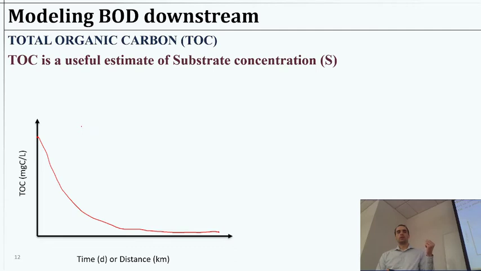If our TOC or our substrate is decreasing, then at some point the bacteria are slowing down because there's not as much food to eat, right? That's kind of the point I want to make with this graph, is that just by nature of there being less food in the water, that oxygen demand is slowing down and eventually stopping.